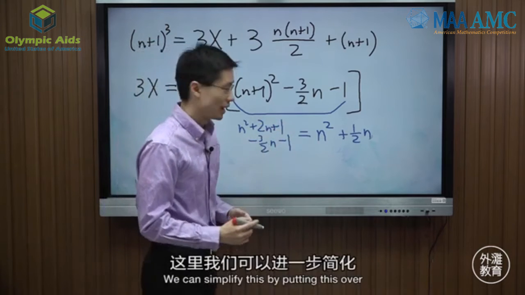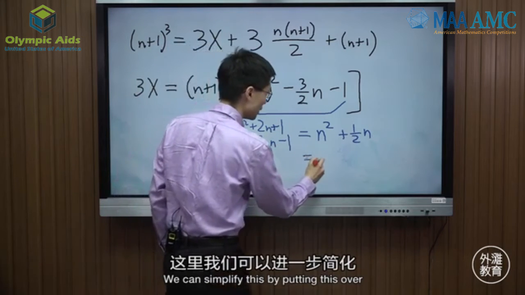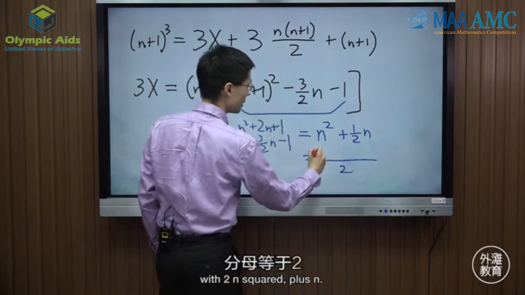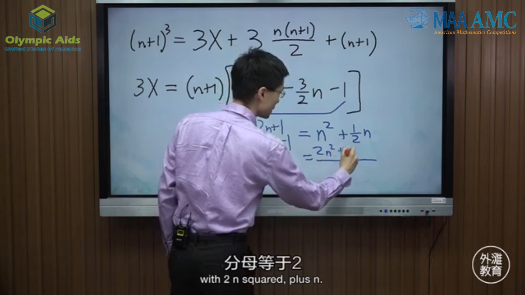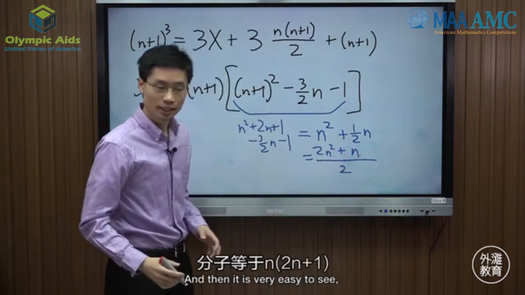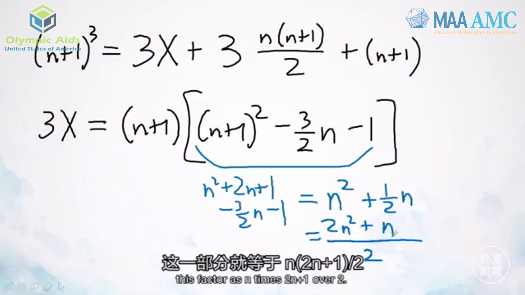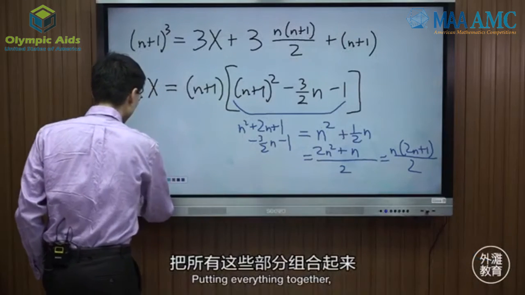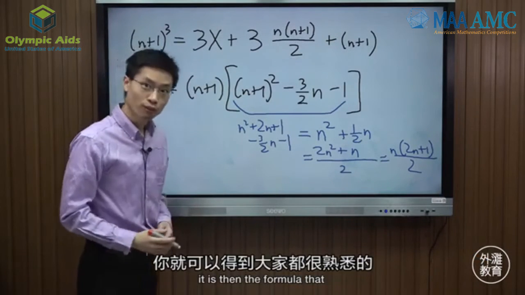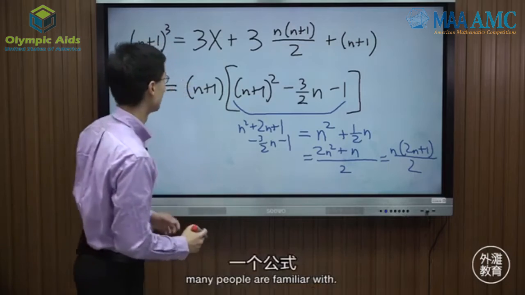We can simplify this by putting this over a common denominator with 2n squared plus n. And then it's easy to see that this factors very nicely as n times 2n plus 1 over 2. Putting everything together, this is then the formula that many people are familiar with.